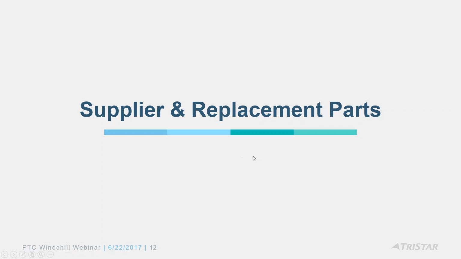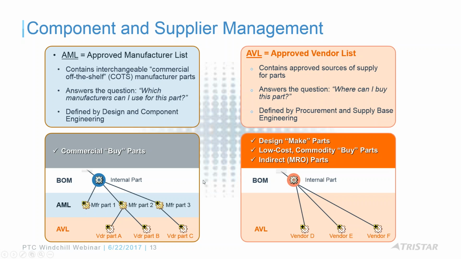So the other option in Windchill I can enable for BOMs is supplier, managing supplier and replacement parts. So Windchill allows me to manage vendor and manufacturer parts. So for example, a buy part could be sourced from different manufacturers, and vendors could be supplying those part numbers as well.